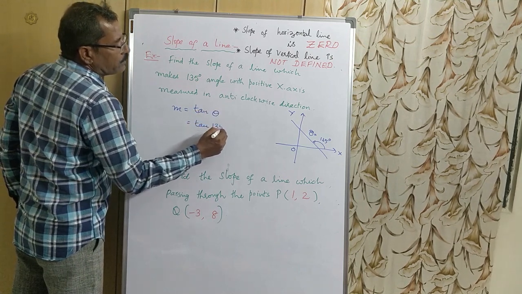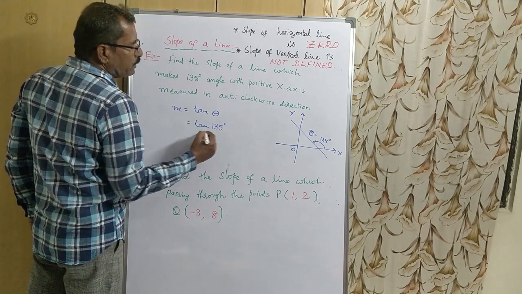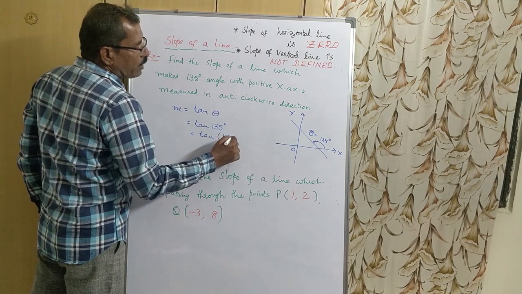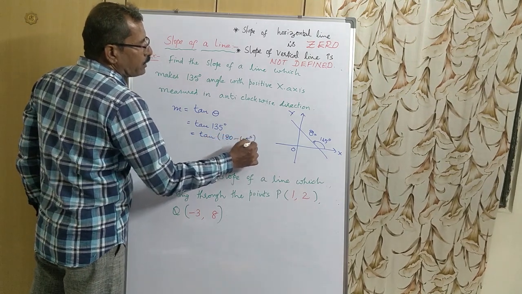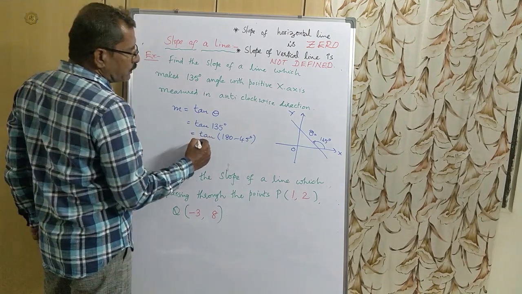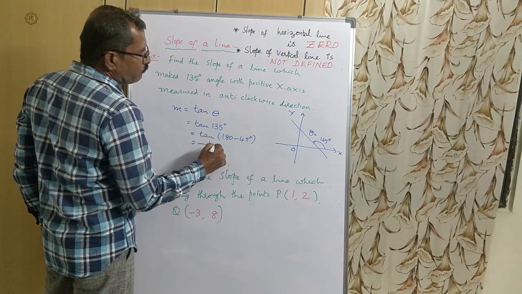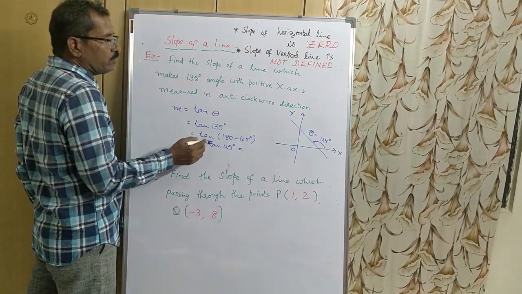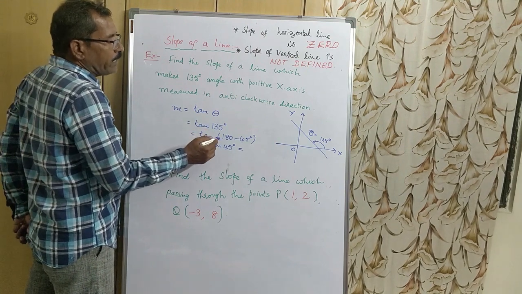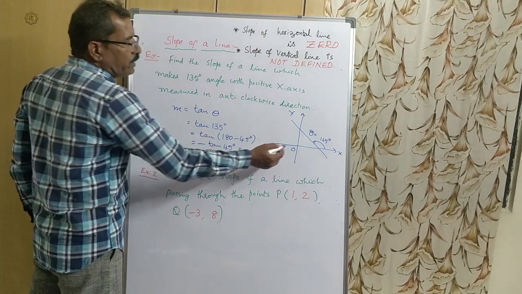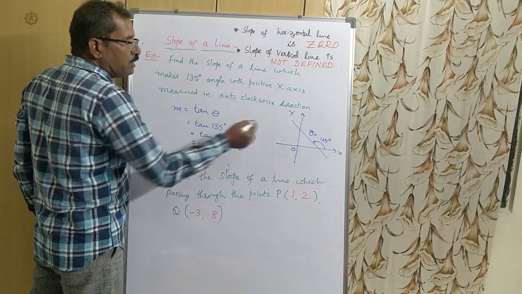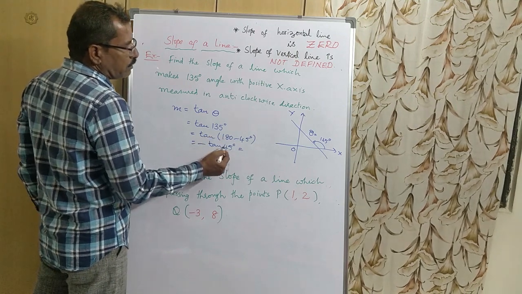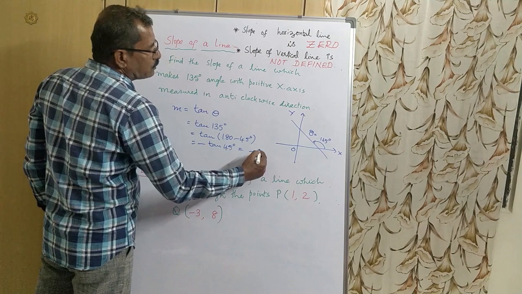Tan 135 degrees you can write as tan of 180 minus 45, or 90 plus 45. This is nothing but minus tan 45 degrees, because tan is negative in the second quadrant. So tan of 180 minus theta is minus tan theta. Tan 45 is 1. So the slope is minus 1.